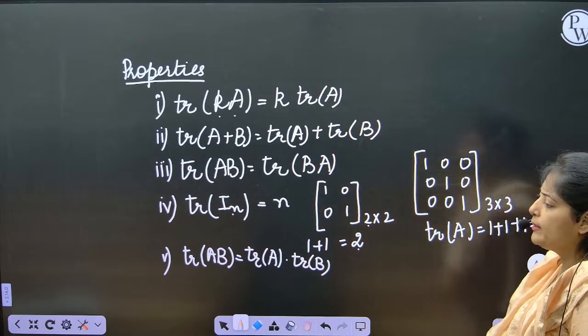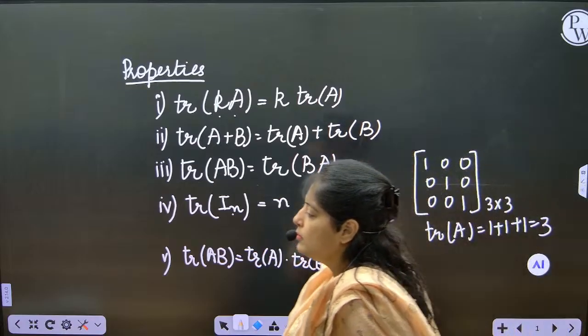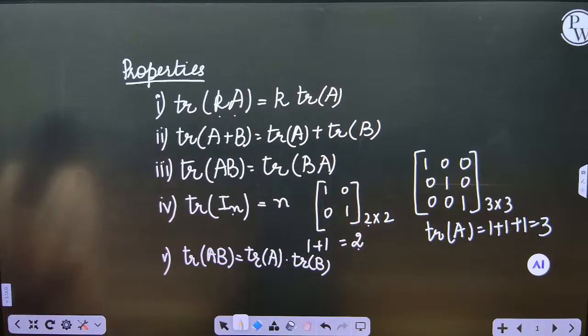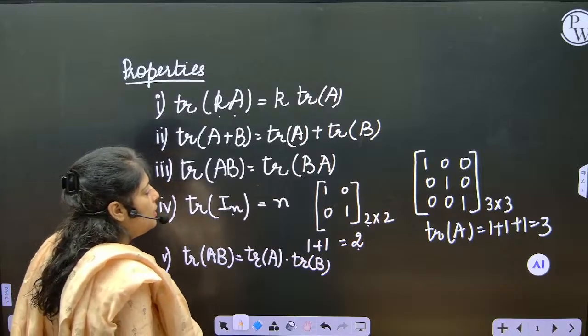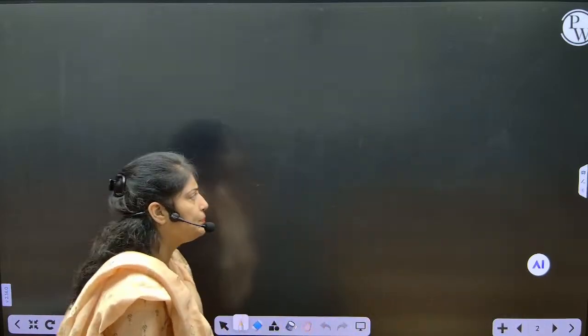Note it quickly, then we'll proceed to the other properties later, and then we'll do the questions today as well. The questions which we left yesterday, today I'll do those questions as well. I'll take the properties later.